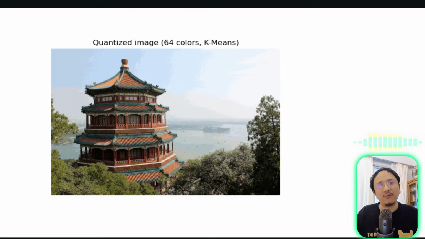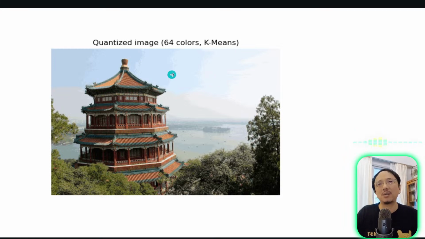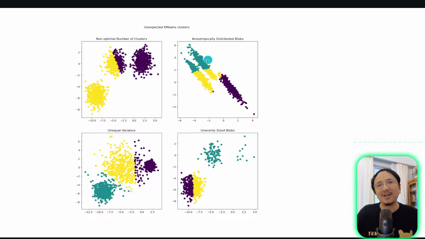This works well for k-means because we actually want each color to be very close to its center. We don't need to worry too much about the cluster shape. Even if it looks like this one, we probably still want this clustering because the points are still very close to each other.